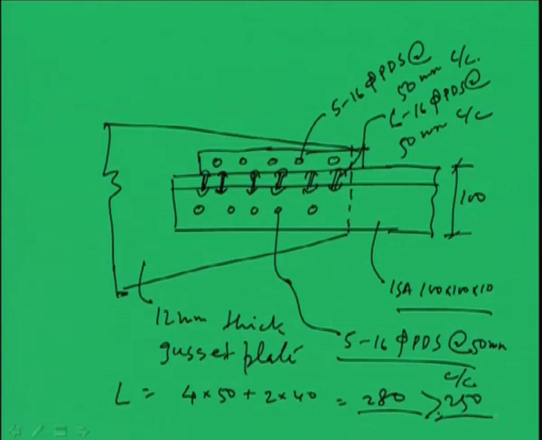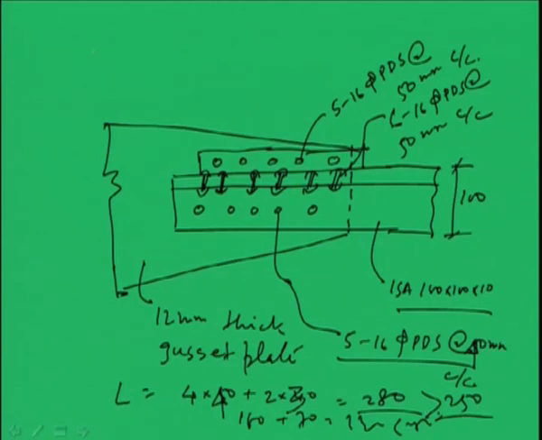So, what we can do now, we can reduce the pitch. If we reduce the pitch to 40, I think we can make it. So, 40 and let us make the edge as 30. So, in that case 160 plus 70, that means 230, which is less than 250.